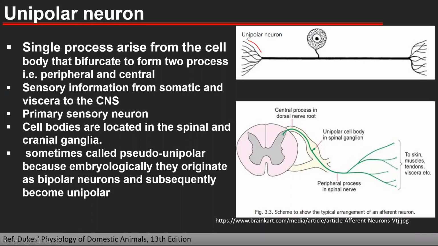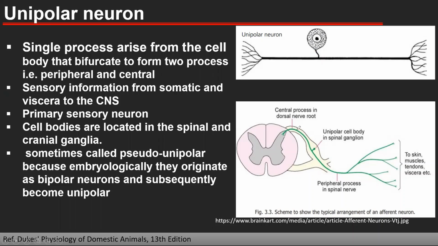They receive the sensory information and take it to the cell body, and then the axon takes the information to the CNS. So we have one process, but this one process divides into two processes. That's one process that arises from the cell body. Because of that, we call it unipolar neuron, and they are primarily sensory neurons.